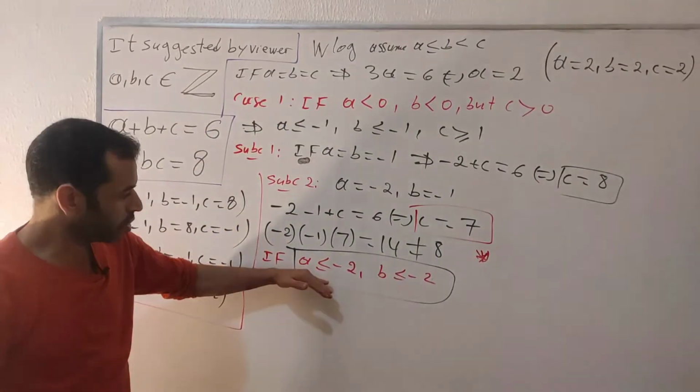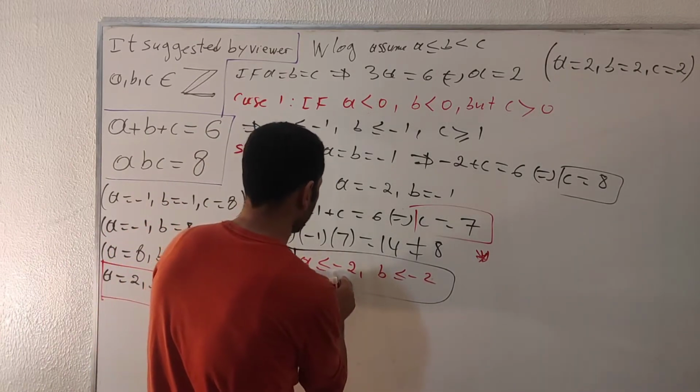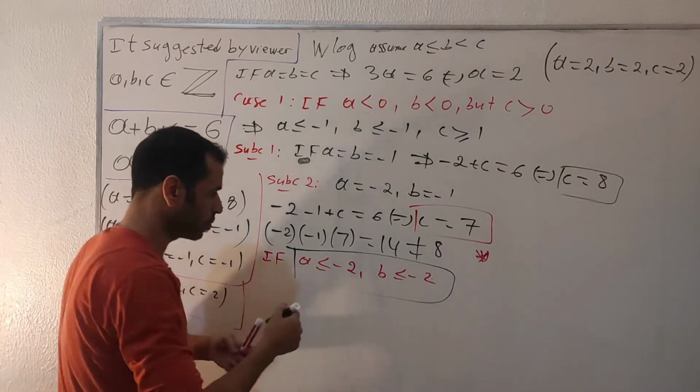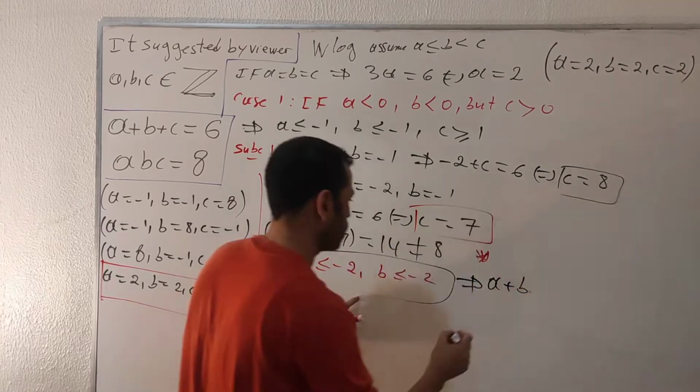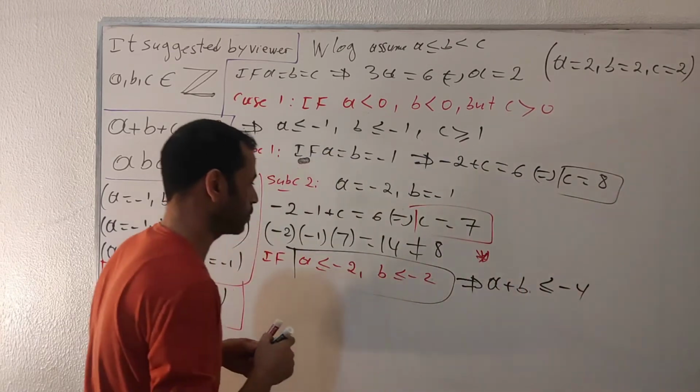Now let's take it as a general proof. If A is inferior to -2 and B is inferior to -2, I'm going to sum these two integers. A plus B is inferior to -4.